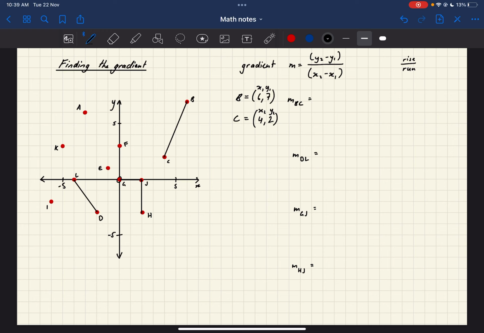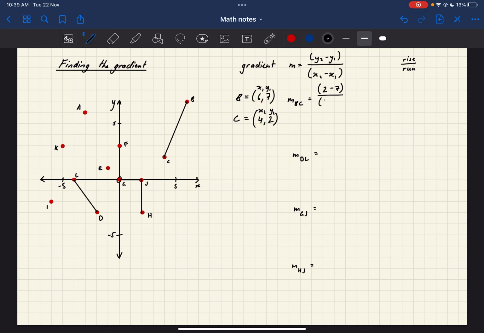So our formula is the gradient equals brackets y2 minus y1, close bracket. So we'll do that part first. So we've got y2, y1. So we're going to do 2 minus 7 in those brackets, following that formula. And we've now got x2 minus x1 at the bottom of our fraction, so that's 4 minus 6.